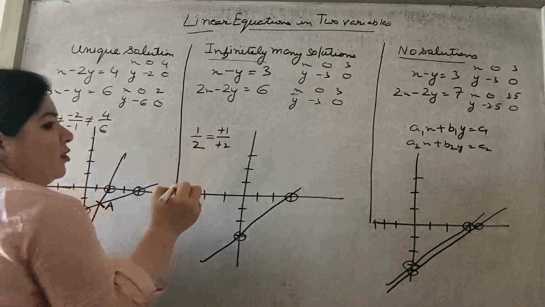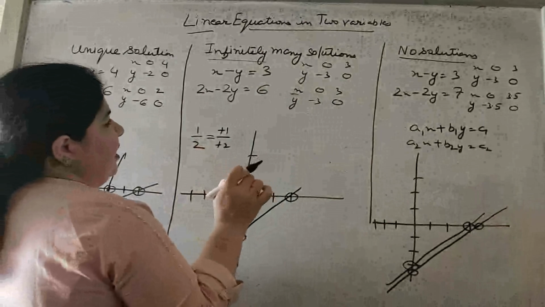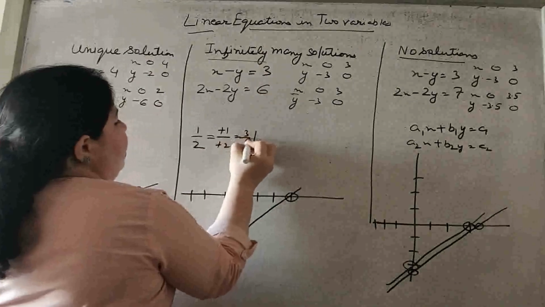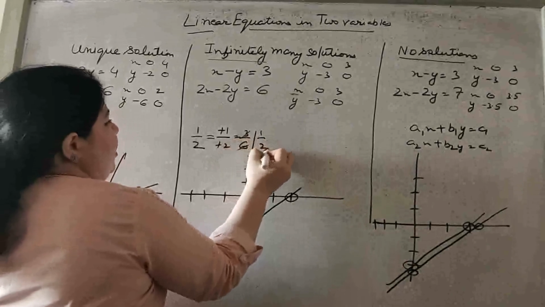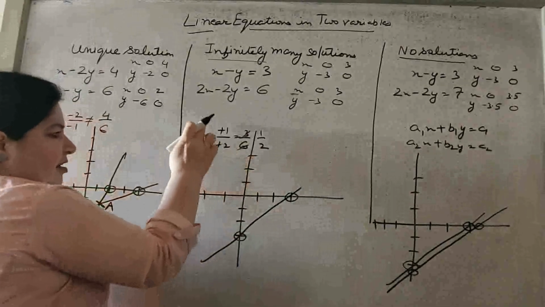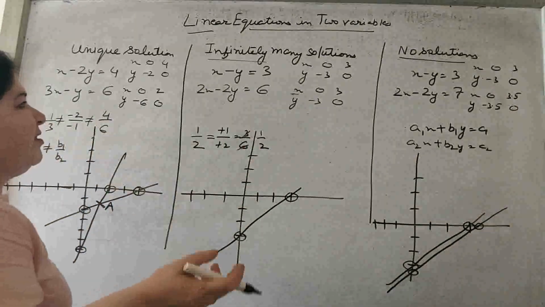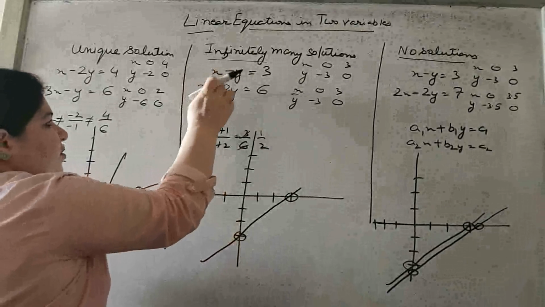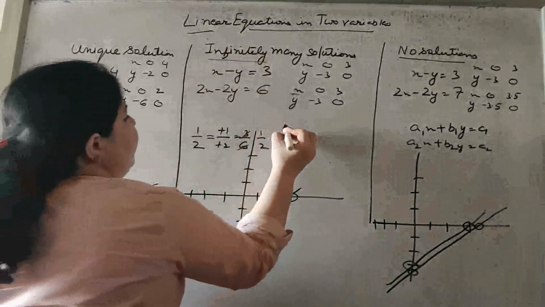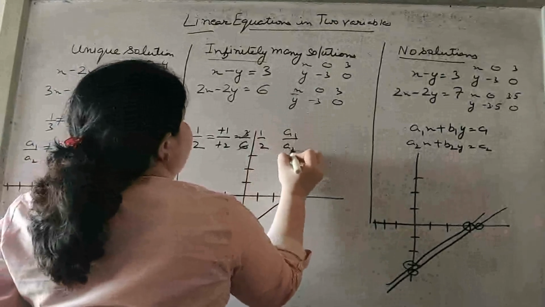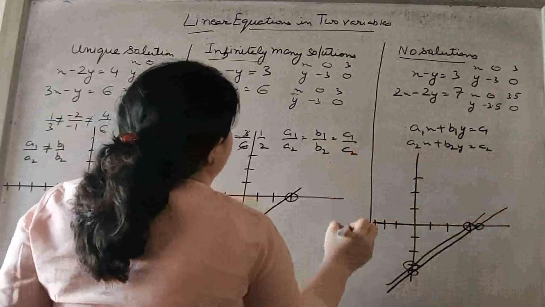Here you can see a1/a2 is equal to b1/b2, meaning for infinitely many solutions. c1 को भी चेक कर लेते हैं, वो क्या हो जाएगा 3/6. कैंसल आउट करेंगे तो मेरे पास क्या आ जाएगा 1/2. मींस हियर इन दिस केस 1/2 is equal to 1/2 is equal to 1/2. मींस आपके पास में इसका कोफिशिएंट का रेशियो और इसके कोफिशिएंट का रेशियो is equal to इसके कोफिशिएंट का रेशियो. मींस आपके पास कंडीशन क्या हो गई यहाँ पे, a1/a2 is equal to b1/b2 is equal to c1/c2.